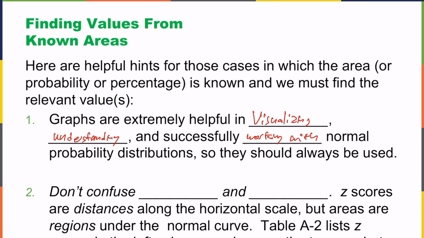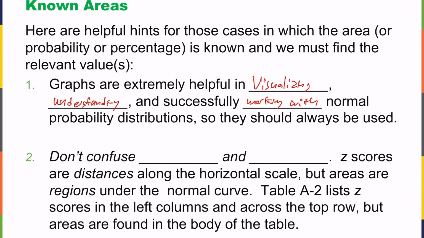So they should always be used. Always just draw a graph. Now don't confuse z-scores with an area. Z-scores are the distance from the horizontal axis, but areas are the areas of the regions under the curve in the lookup table. And they're given to you in the lookup table.